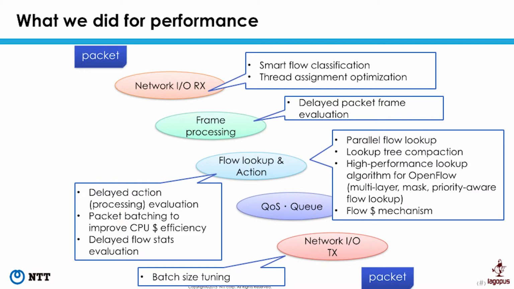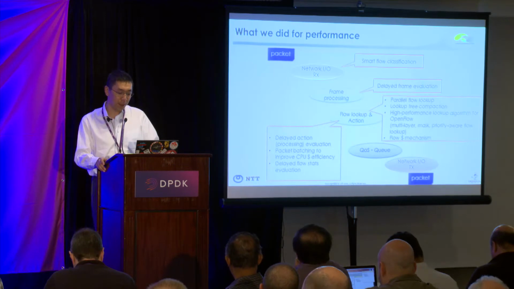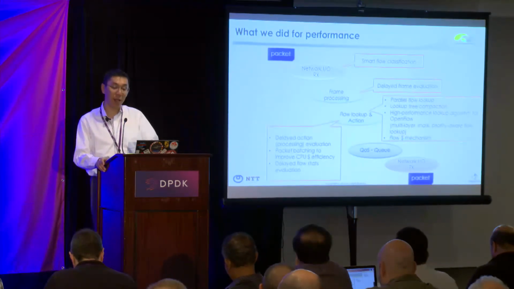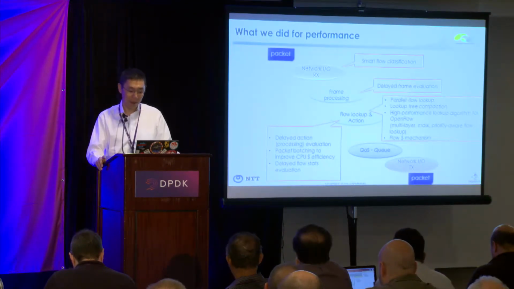Also, we have a lot of techniques to gain performance, such as delayed frame evaluation, parallel flow lookup, tree compaction, and a novel lookup algorithm for the OpenFlow system. That is mask aware, priority aware. There are a lot of things to do.